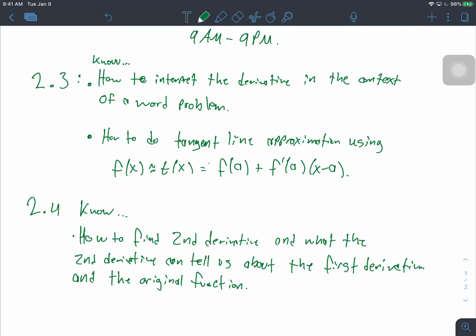So remember, the second derivative tells us about whether or not the derivative function is increasing or decreasing. That can also be interpreted as telling us whether or not our original function, f, is concave up or concave down. That's pretty much all of 2.4.